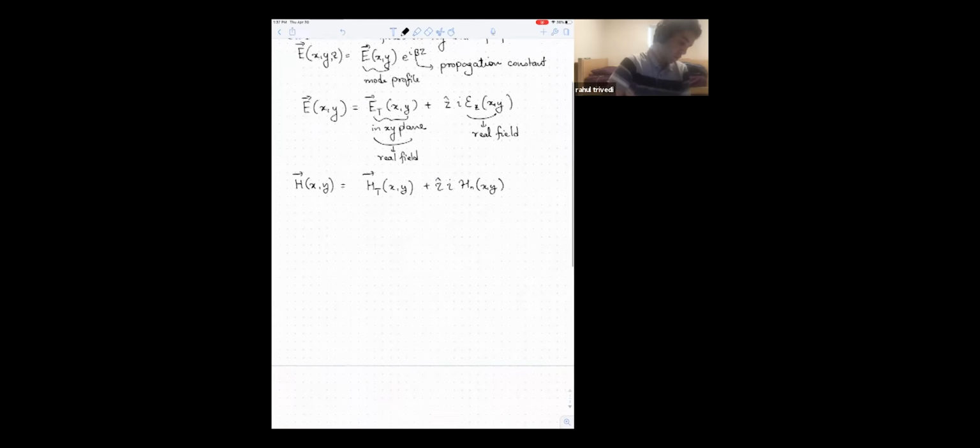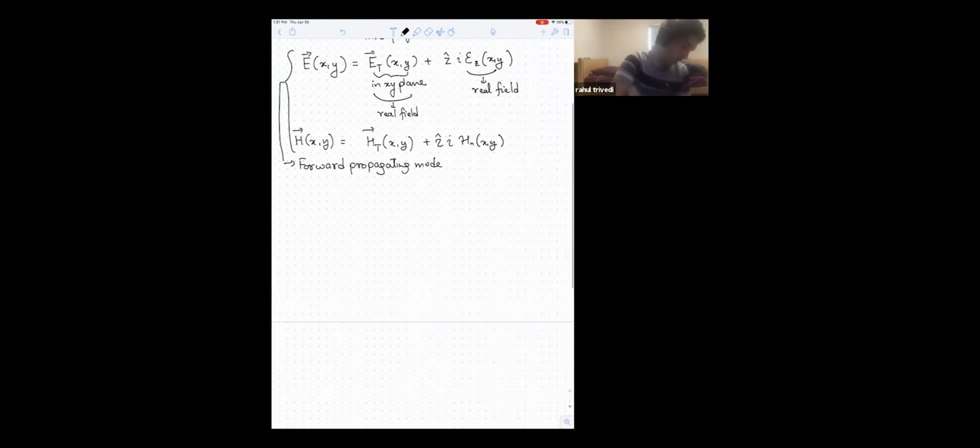Okay, so this was, of course, for the forward propagating modes. And for every forward propagating mode, we could construct a backward propagating mode, a mode that is propagating in the minus z direction instead of the plus z direction. Of course, there are many ways of constructing this backward propagating mode, as you know, these modes are not uniquely defined.